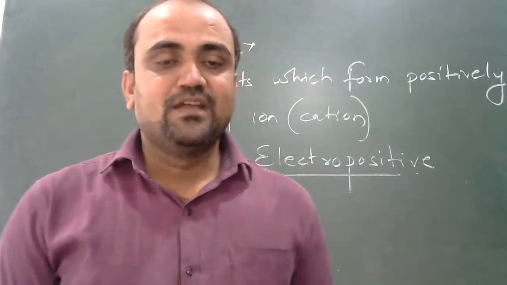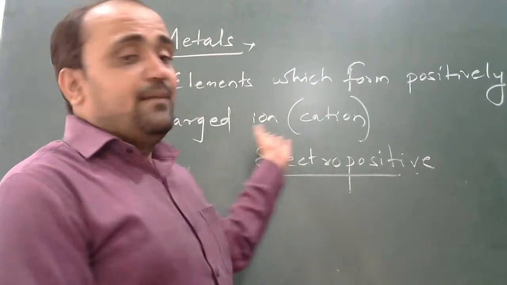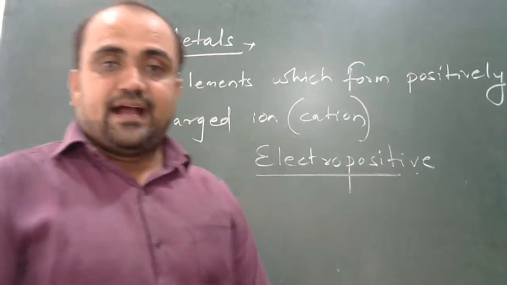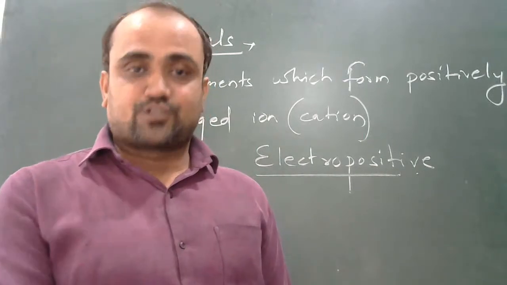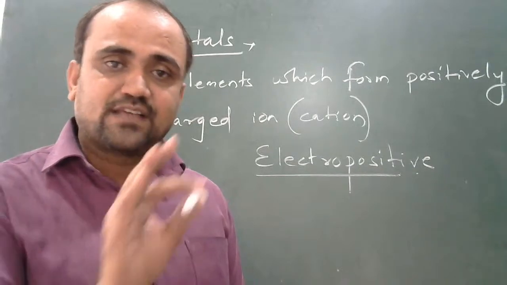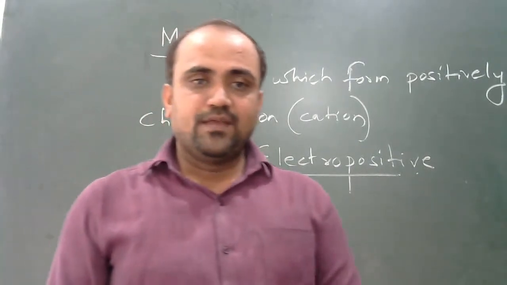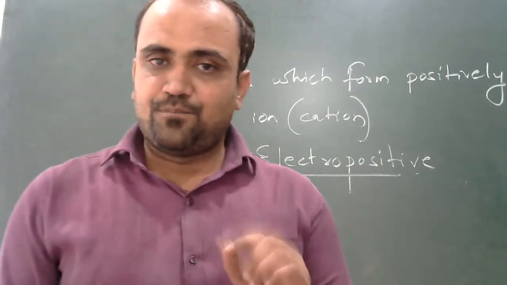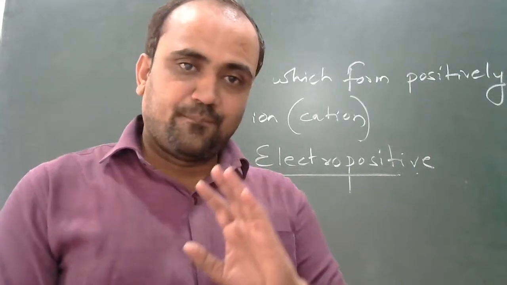All right. So here, elements which form positively charged ions by the loss of electrons, we call such elements metals. And you know, metals are electropositive.